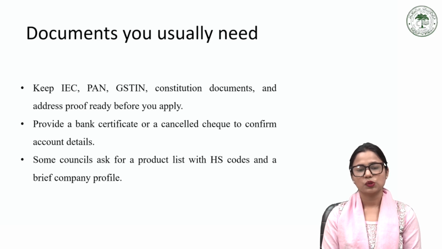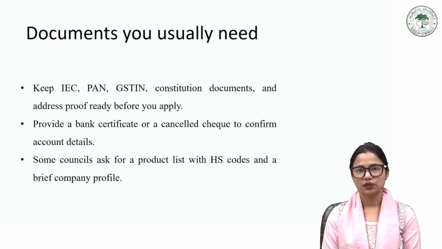The exporter must provide a bank certificate or a cancelled check to confirm account details. Obviously, when the exporter is providing their bank account details, it must be supported by either a cancelled check or a bank certificate. There are examples of some councils which specifically demand a product list with particular HS codes and a brief company profile.